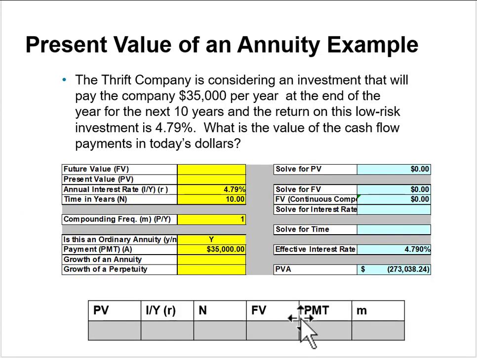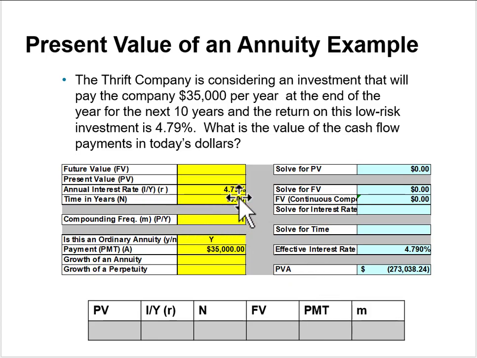So here, this company is thinking about an investment that's going to pay the company $35,000 a year at the end of the year for the next 10 years. And this is a low risk investment, so it's only going to need to earn 4.79%. So what is the value in today's dollars?